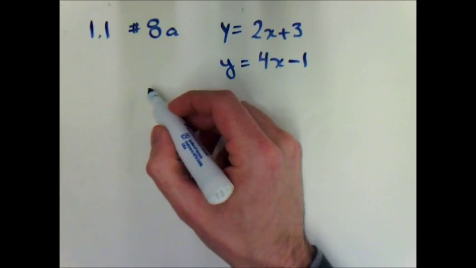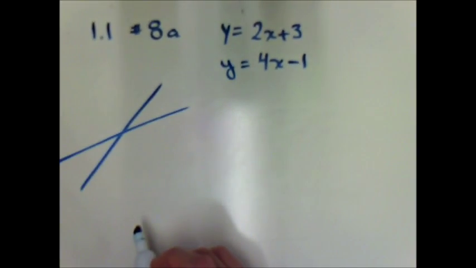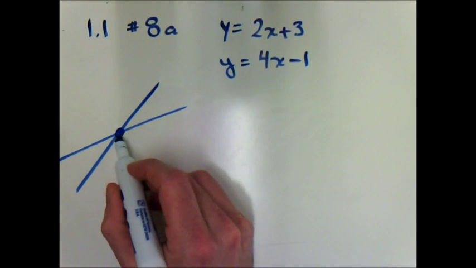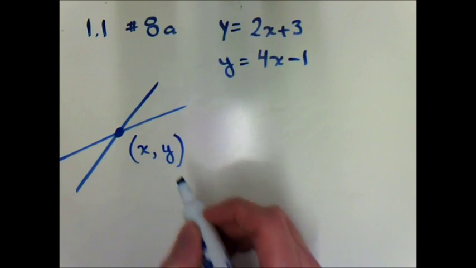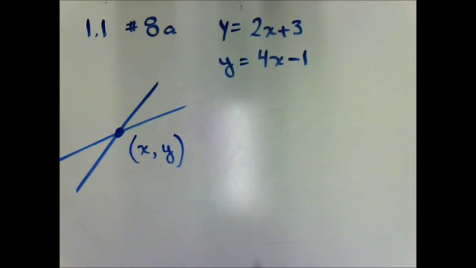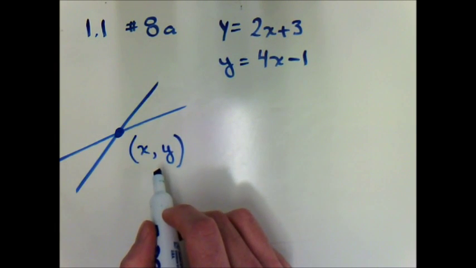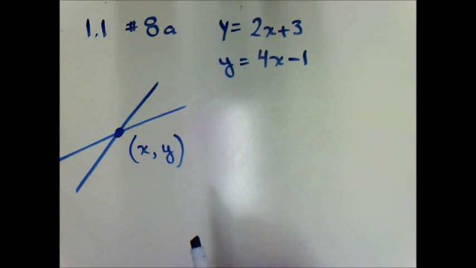So let's say hypothetically we have one line that looks like this, and we have one line that looks like this. We are trying to find this point. What's true about this point of intersection is that it has an x coordinate and a y coordinate. Those coordinates will be the same where the two lines intersect.